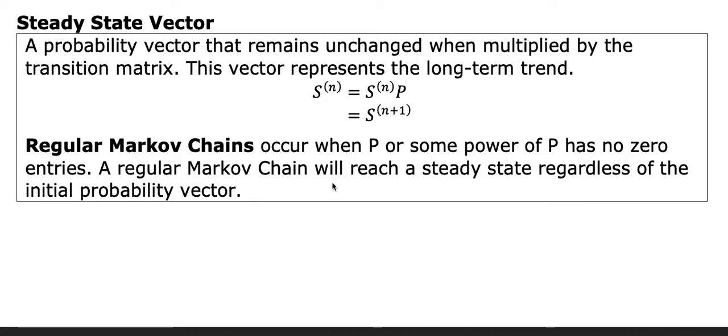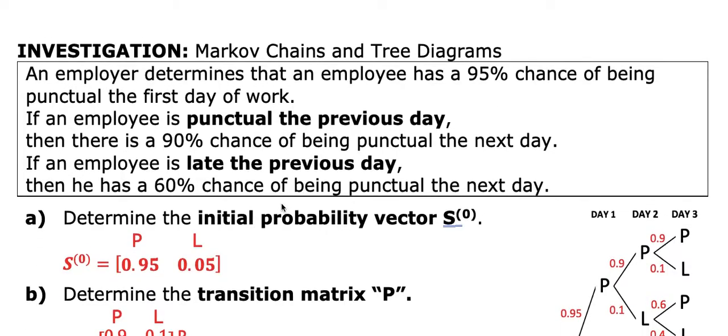And a Markov chain will reach a steady state whenever it's a regular Markov chain, meaning that P or some power of P has no zero entries. A regular Markov chain will reach a steady state regardless of the initial probability vector. So let's look at a problem.